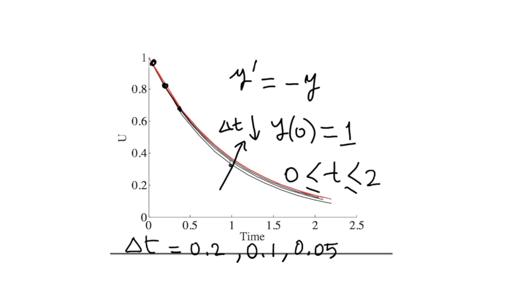It is farthest away from the red curve. And then as we refine delta t, as we take smaller step sizes, we of course have to take more steps to come to a particular time. We improve the solution. The solution goes towards the red curve all along. And the departure of the numerically computed values from the red curve gives us a local estimate of the error, and we can quantify that error next.